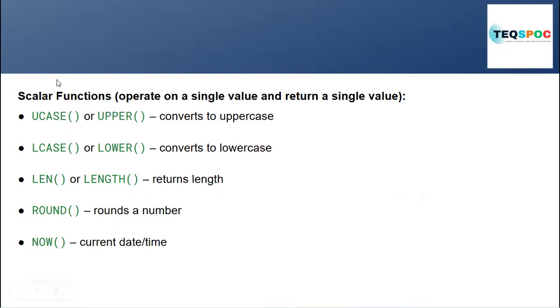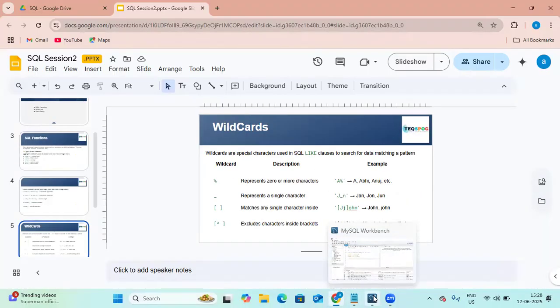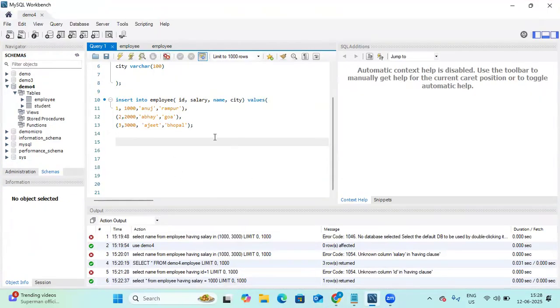So first, we go to our MySQL. Till now we have seen all the things, and we have seen the format. One new thing I want to tell you: in previous classes, I have shown you the hierarchy.